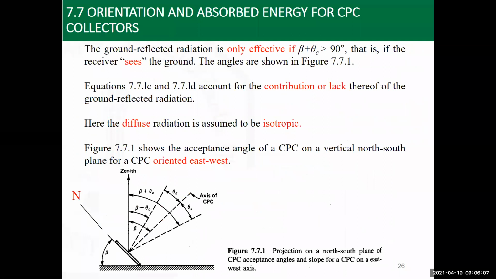Now, a certain collector here is inclined at an angle of beta, and this is the value of beta. This line is representing it. Now it's with the zenith angle, and then beta minus theta C is going to be this, beta plus theta C is going to be this, and this is the acceptance angle that we have here. So the collector is placed in a way that would be something like this.